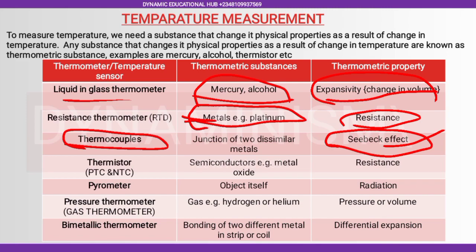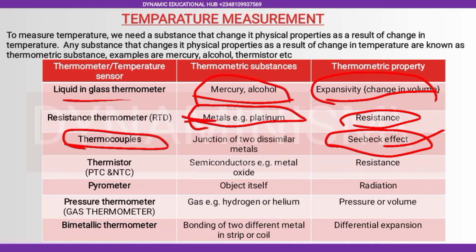And if a material, be it metal or semiconductor, has NTC, a negative temperature coefficient, it means that as you increase the temperature, the resistance decreases. So that is it about the thermistor.